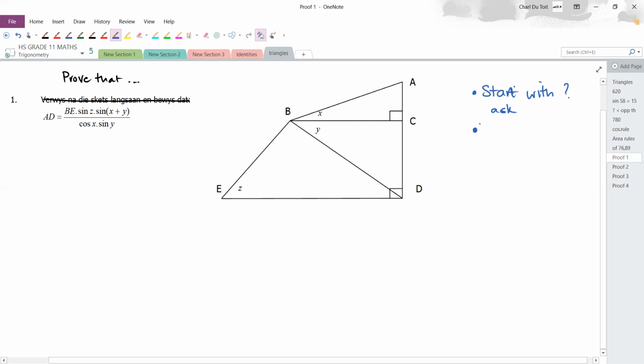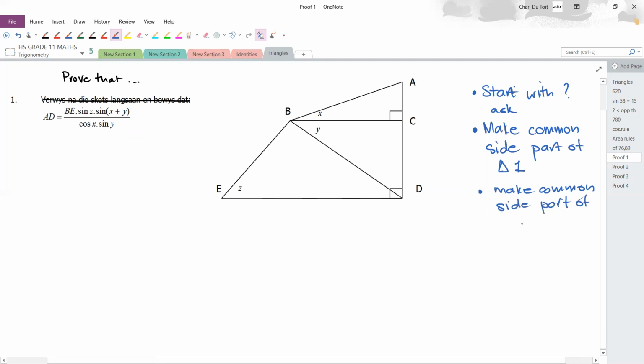Second step is to make the common side part of triangle 1. Step 2, make the common side part of triangle 2, and then solve simultaneously.